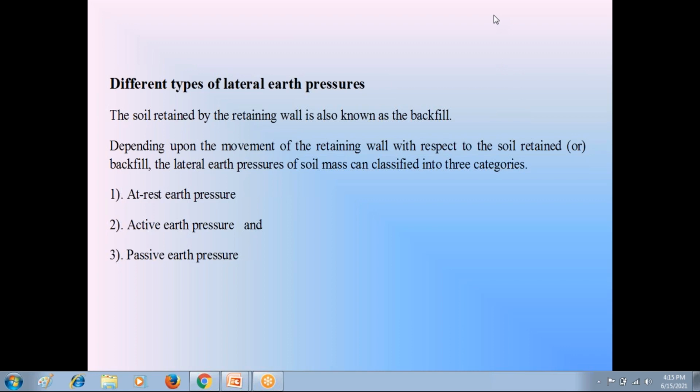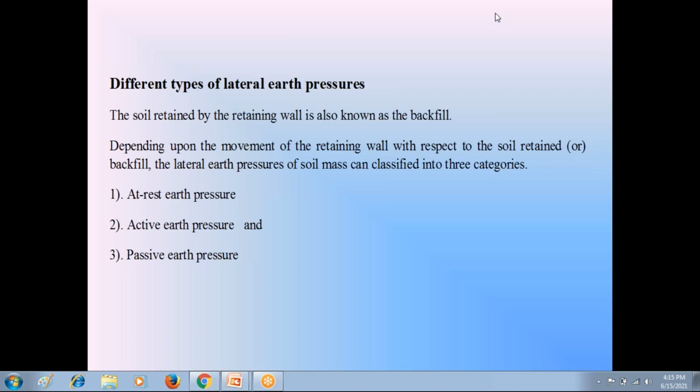Now please everyone listen. We know that the backfill soil applies horizontal earth pressure on the retaining wall. Depending on the condition of the retaining wall, the retaining wall is subjected to three types of lateral earth pressures.